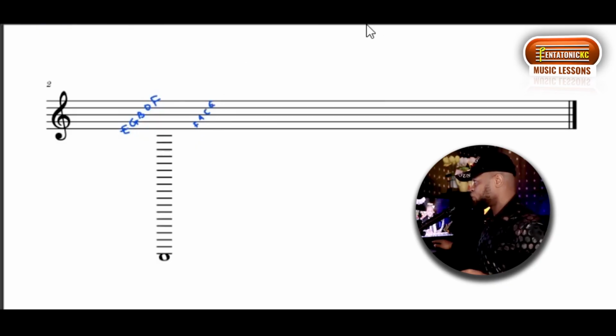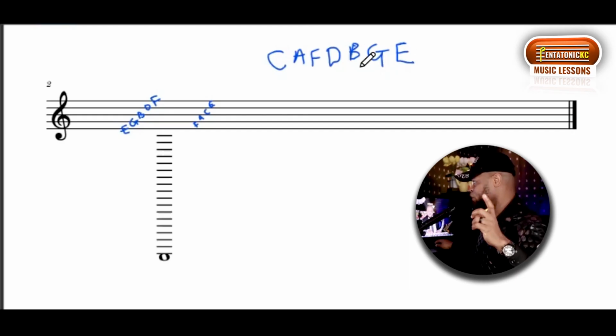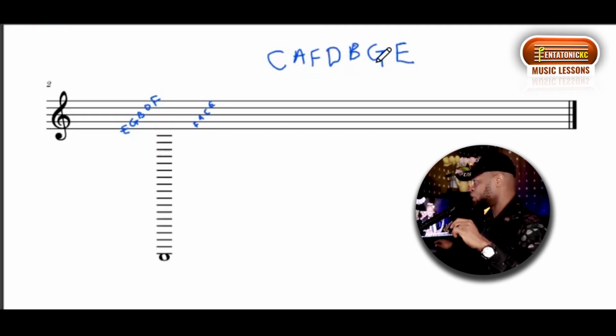The sentence we're going to be using here will be cats and fishes dance because goats entertain. If you look at it, it's the reverse of what we did in the previous video, which is Every Good Boy Deserves FAC. So we just need this to remember: cats and fishes dance because goats entertain. That's what we're going to use to come back down right here.